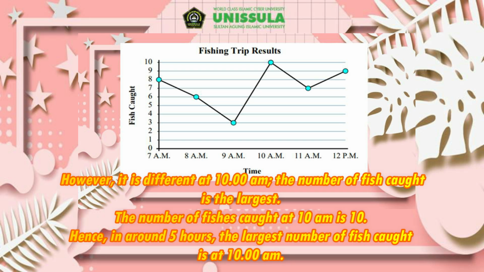The number of fishes caught at 10 a.m. is 10. Hence, in around 5 hours, the largest number of fish caught is at 10 a.m.